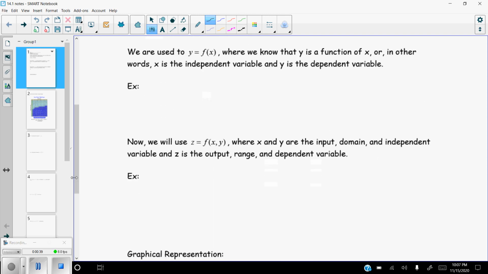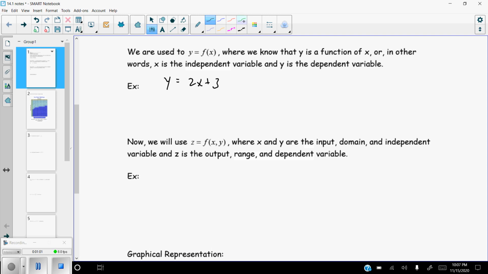All right, so again, we're used to having something like y equals some function of x, y equals f of x of some kind, where we know that y is a function of x, or in other words, x is the independent variable and y is the dependent variable. For example, something very simple, y equals 2x plus 3.